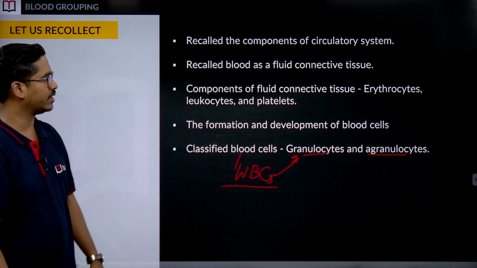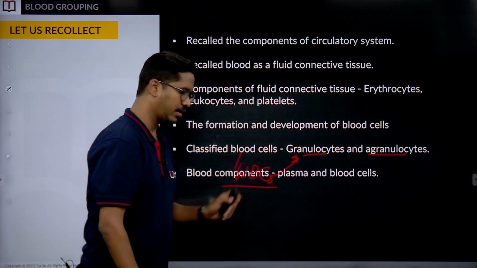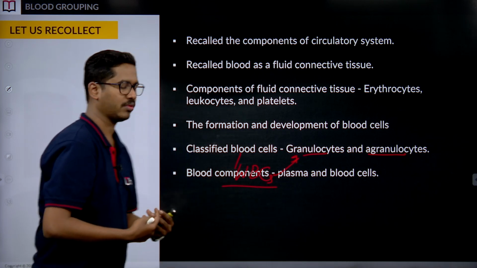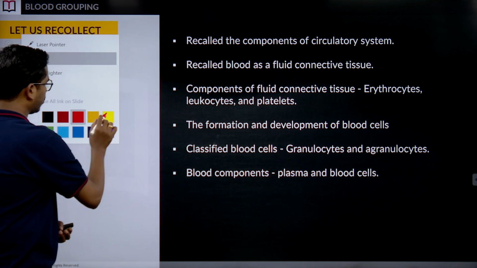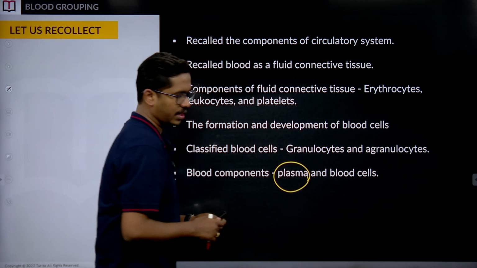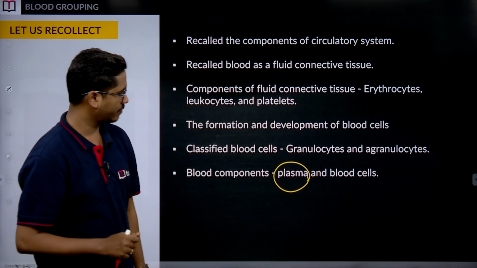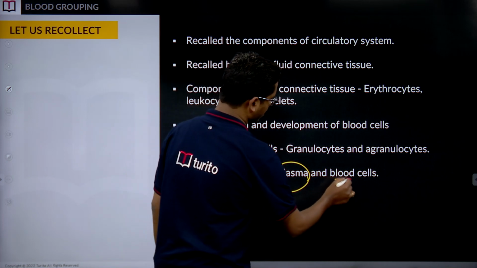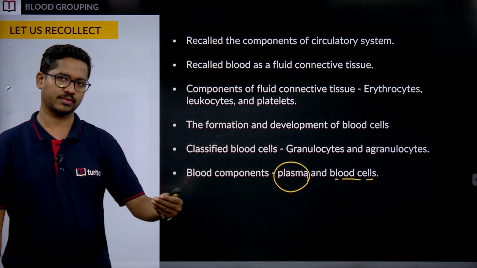So this is what we did in the previous session, and then we also understood that blood has different components. So when you look at the blood components, we saw plasma, which mainly has a yellowish color, following which we have various blood cells, of varied colors.